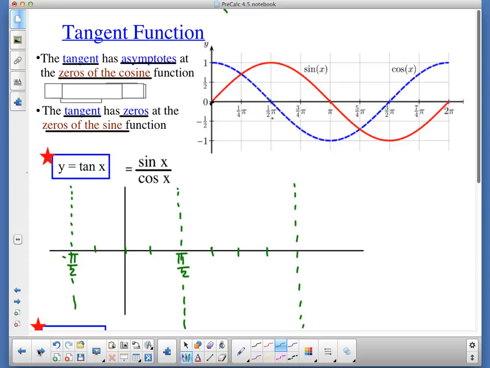Okay, so I got negative pi over 4, 0, pi over 4. As we're going through here, I got 3 pi over 4, pi, 5 pi over 4, 3 pi over 2. Okay, as I go through, I got 2 pi going here as I get there.